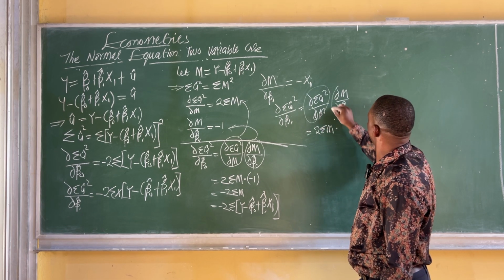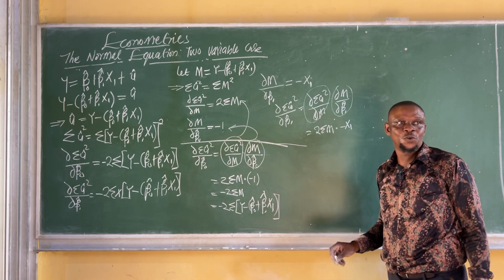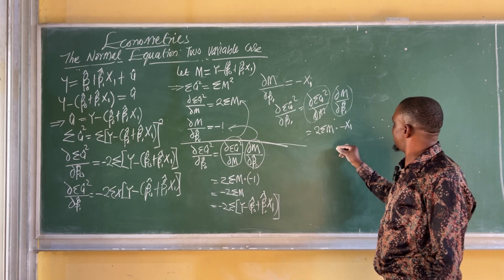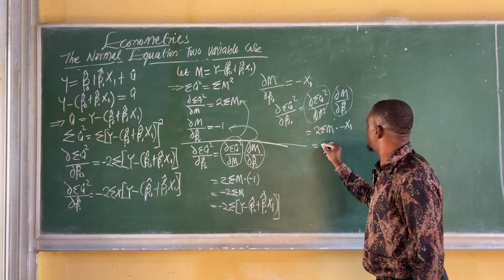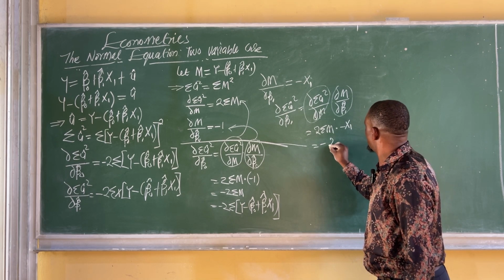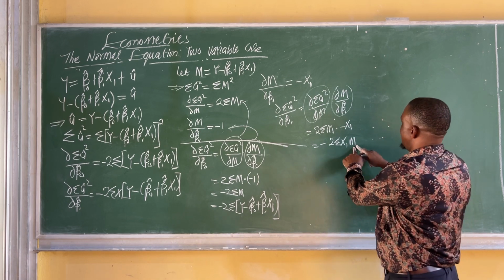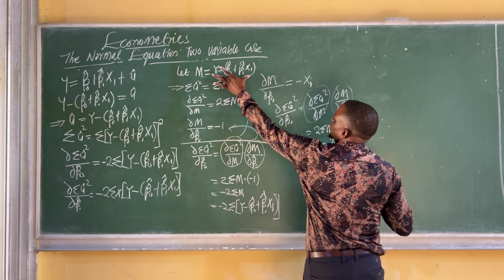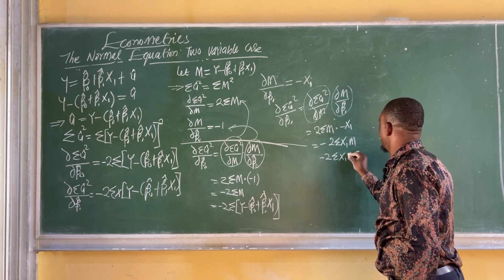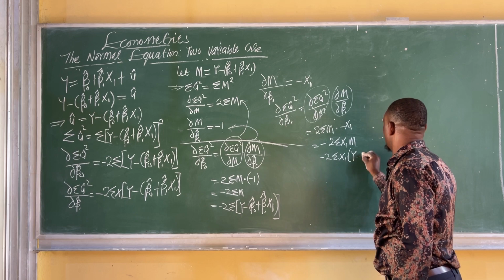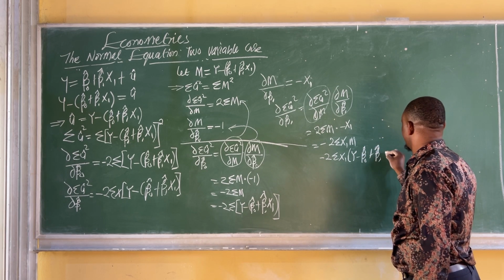And then all of this is what we now have as minus x1. So multiplying this by this will be equal to minus 2 summation x1 m. But our m is equal to what we have here. So this will be minus 2 summation x1. Now our m is y minus beta 0 hat plus beta 1 hat x1.